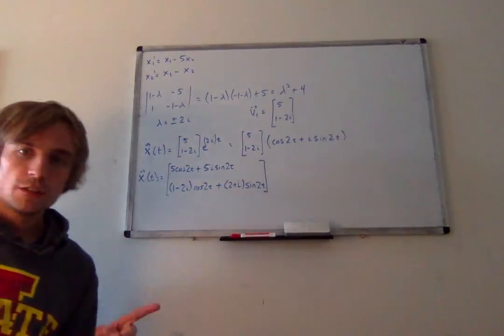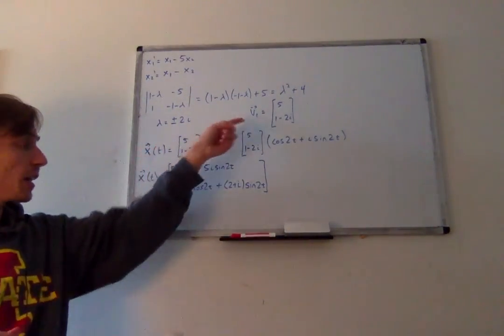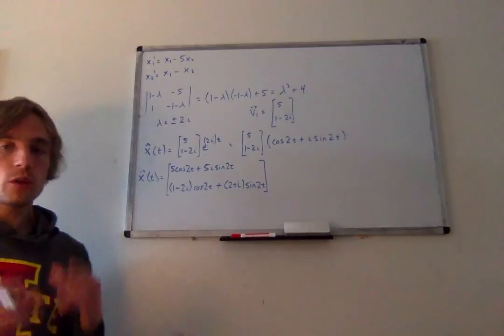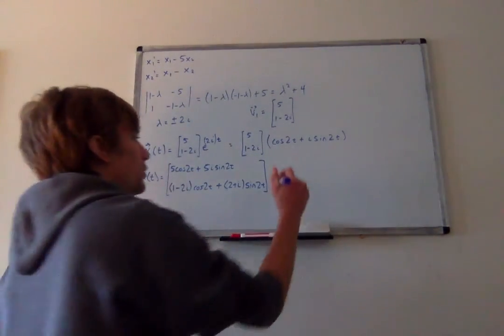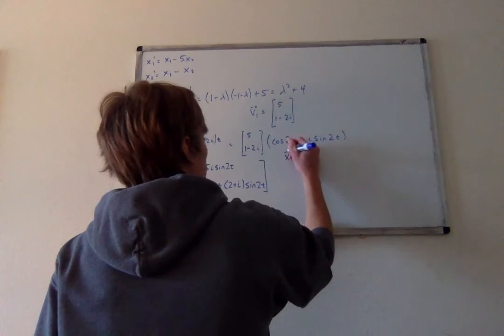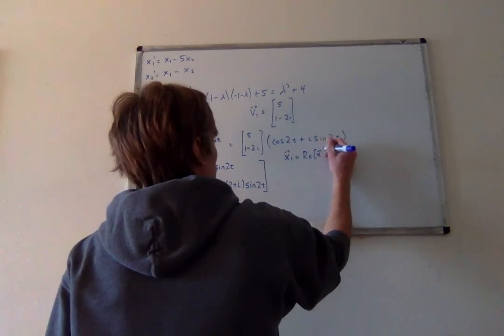So we only need to find one eigenvector here, because this vector will actually correspond to two linearly independent solution vectors, x1 and x2, defined by the real and imaginary parts of x.